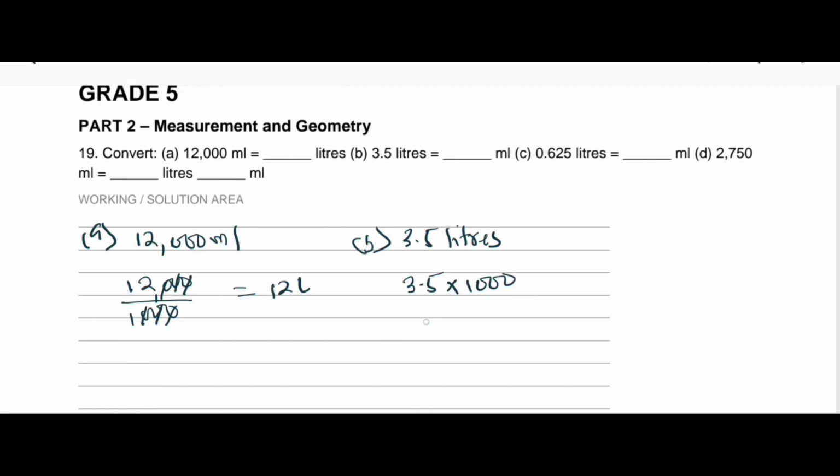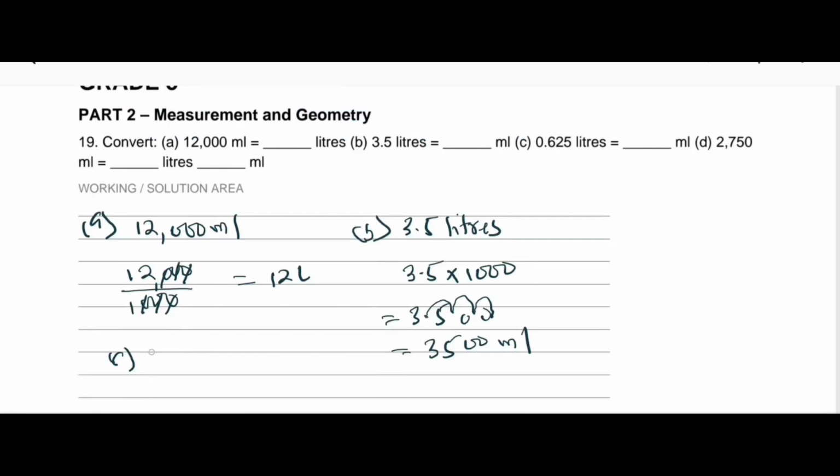So 1, 2, 3, then you put zeros there. So when you convert 3.5 liters to milliliters, it will give you 3,500 milliliters. Do you understand? Yes.